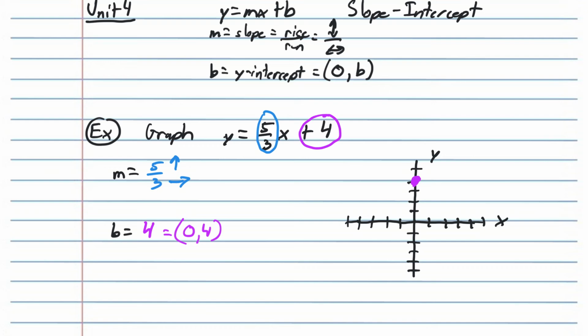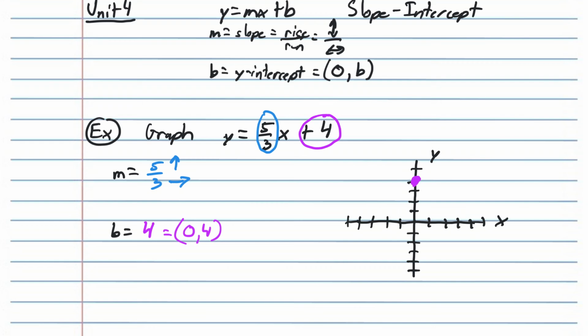Okay, but we do run into an issue here. If we look at our graph, if we're starting at that purple point, I don't have 5 spaces where I can move up, right? So you have 2 options here. You could just make your graph bigger, right? You could just extend it out, and then you have more space to go up 5, okay?